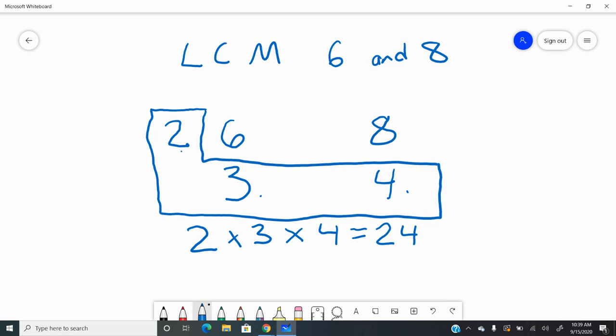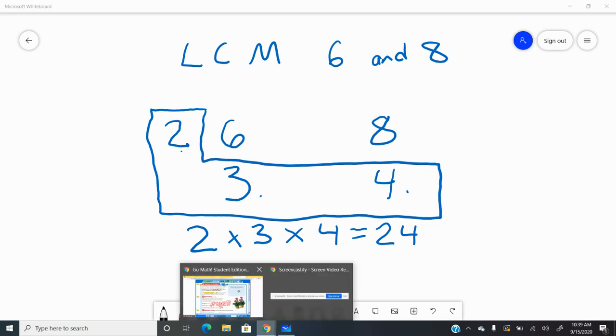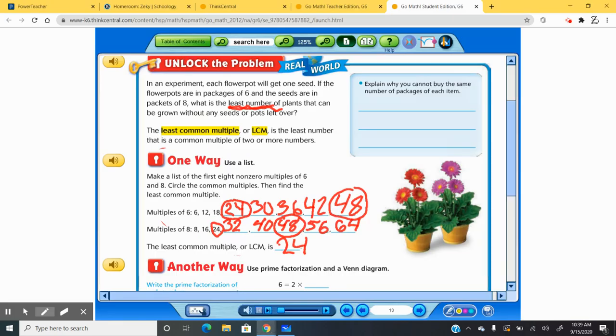So I know there's a lot in the big book, but for right now, don't focus on the big book besides page 14, number 1. We're gonna skip all the other ones because there's just so many different ways. Let's just go right to number 1 on page 14.